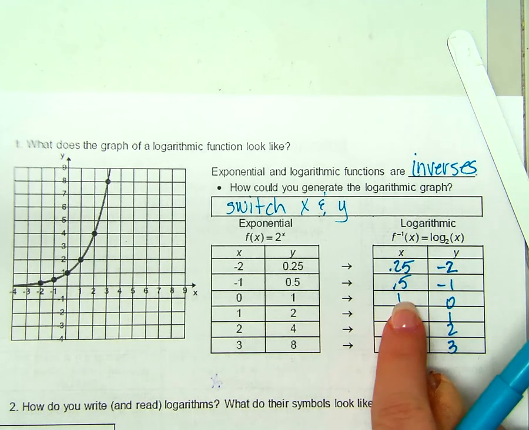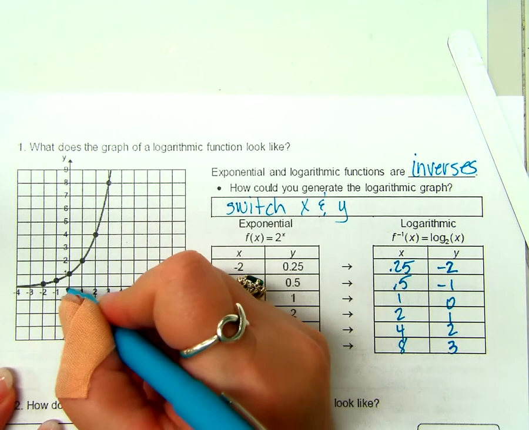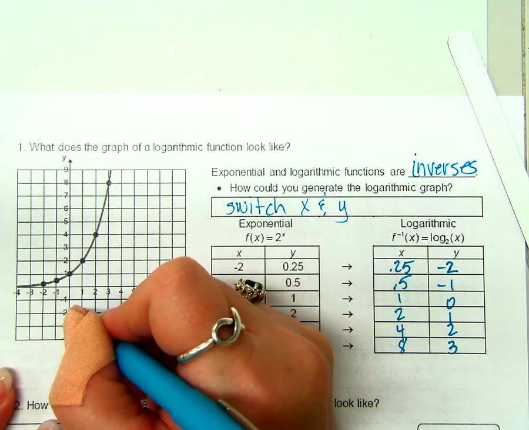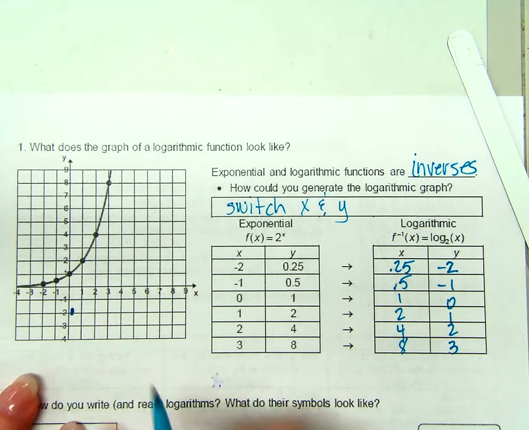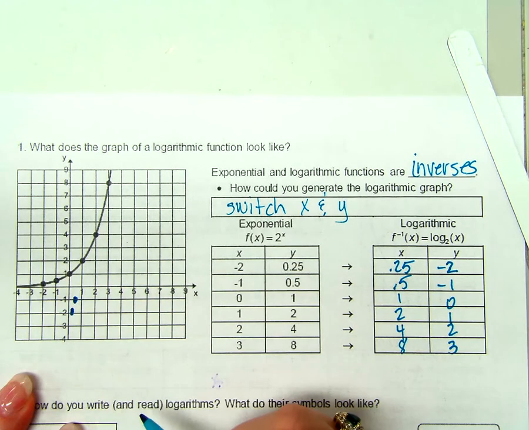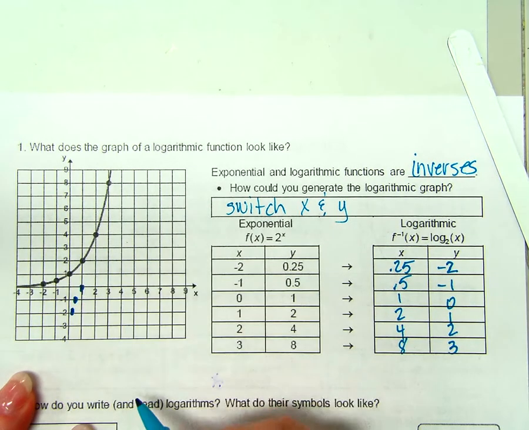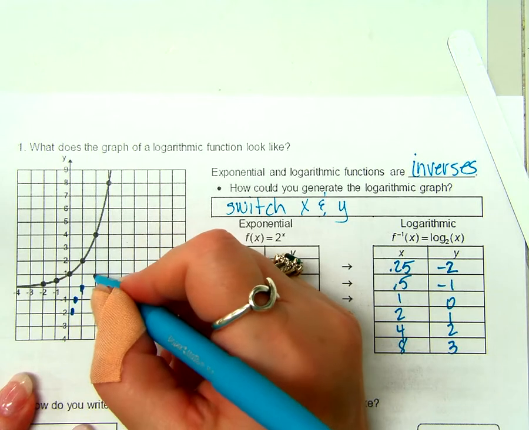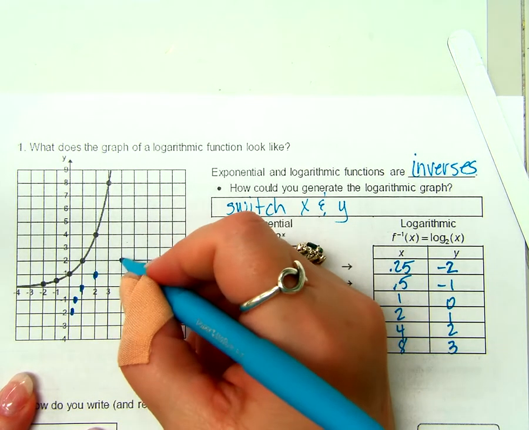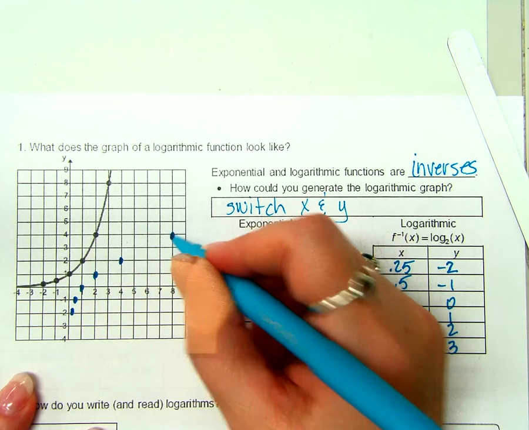Yeah, can't I just plot these points? Yeah, do it. Okay, let's see. Here's 0, 0. So if I go a fourth, then I've got to go down 2. Here's about half. I've got to go down 1. Go over 1 and down 0. Over 2, up 1. Over 4, up 2, and over 8, up 3.